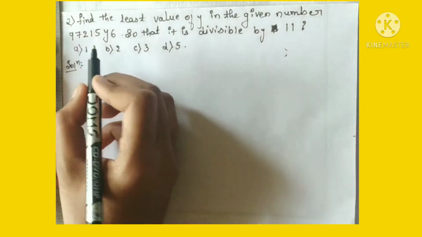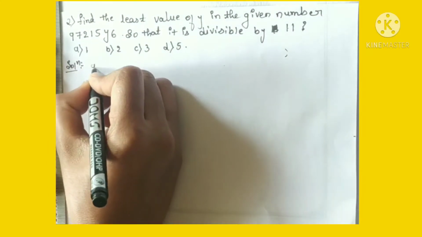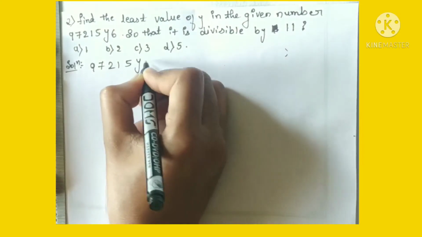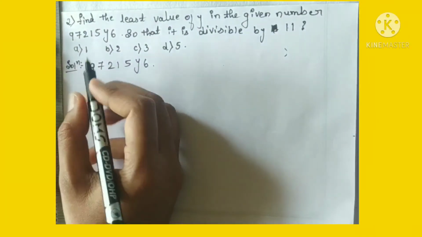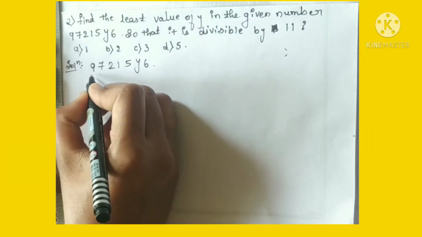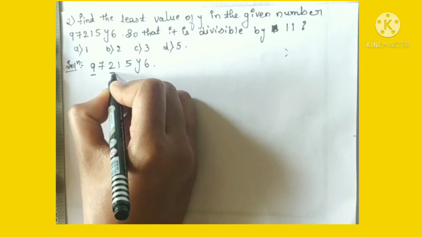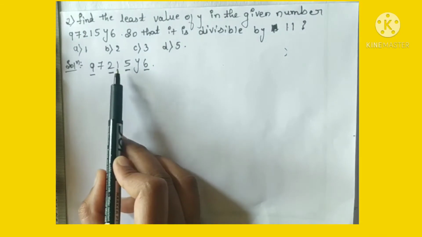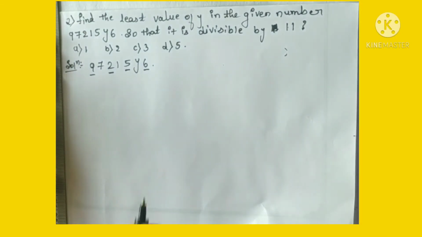I take the number 97215y6. Here the odd place digits are 9, 2, 5 and 6, and 7, 1, y are the even place digits.